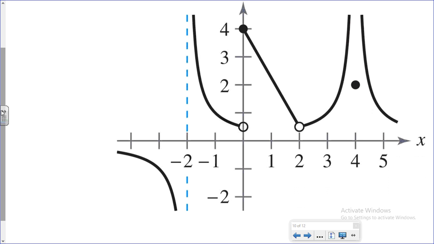List all the x values where the limit doesn't exist, with your pod. Okay, we're going to come together.